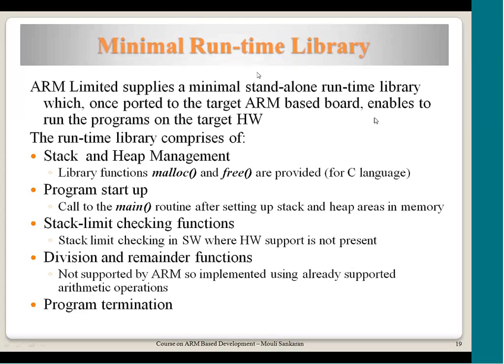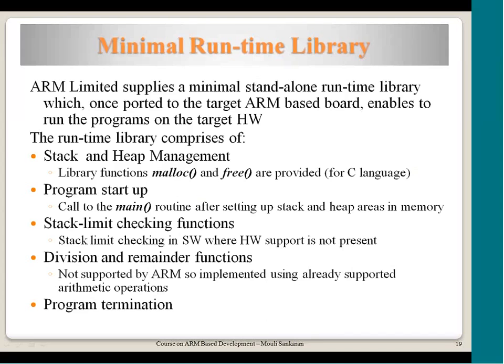So this is the heap space which is required for dynamic memory allocation, and then a minimum runtime library is used. As I mentioned earlier, how does an ARM processor or any processor know that there is a main program starting in the memory? That kind of support is required. We don't want the developers to write the code for malloc and free. So these kinds of memory library functions are already implemented for a particular processor and given along with the tools, along with the assembler, linker and compiler.